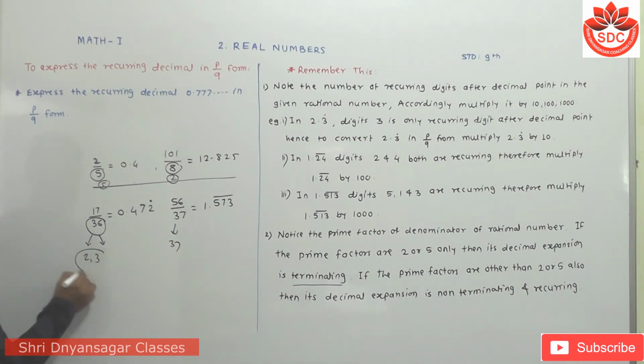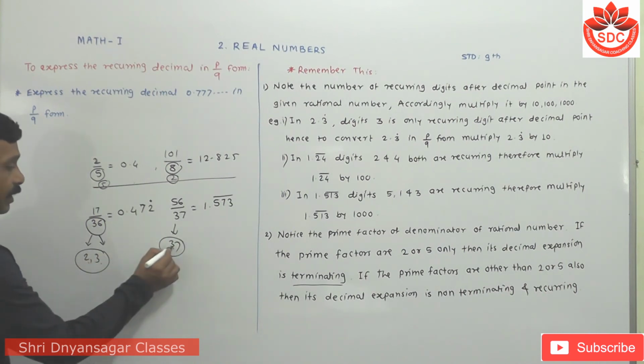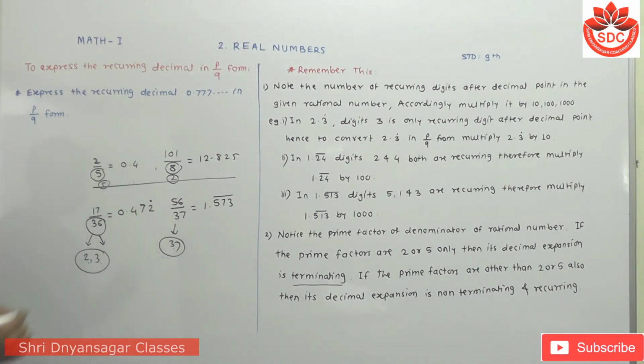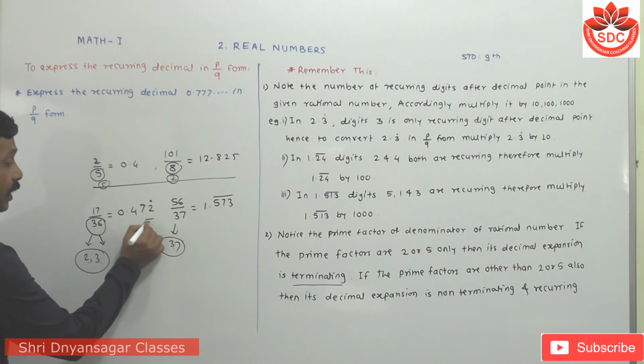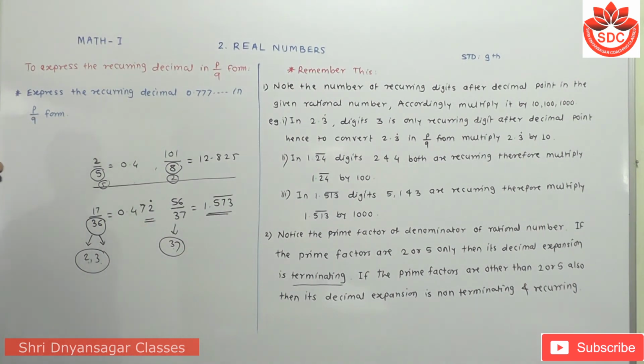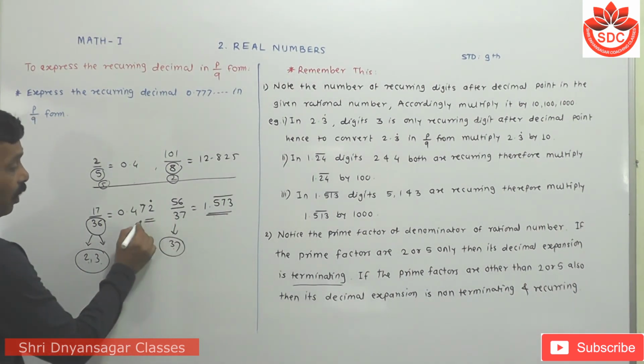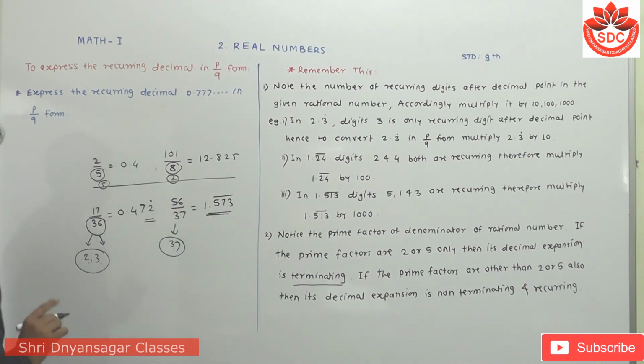These prime factors are not 2 or 5, so the answer is non-terminating, meaning it does not divide completely. Can you understand these examples?